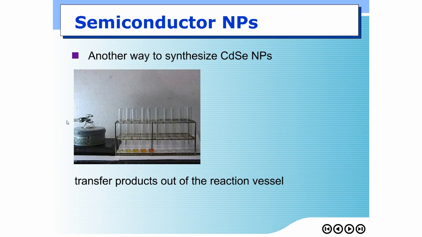So what is going on inside these vessels? Keep in mind that this vessel is still heated. So that means inside these vessels the growth is still going on. Nucleation has already stopped, but there's still growth going on inside.